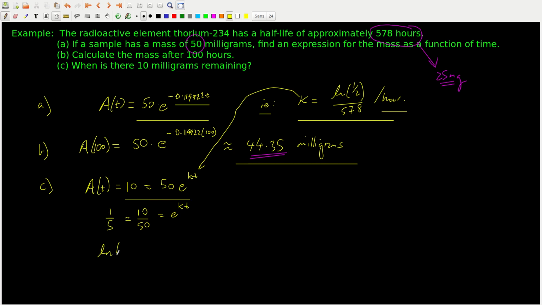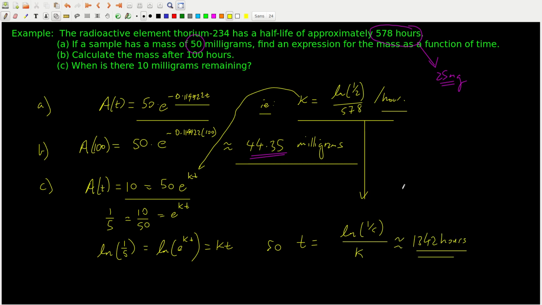Now taking the natural log, we get the natural log of 1/5 on one side, and on the other side the natural log of the exponential of kt, which is just kt. So kt is equal to the natural log of 1/5, and so the time, given precisely, is the natural log of 1/5 over k, where k is that value up there. If we approximate that, we find 1342 hours.